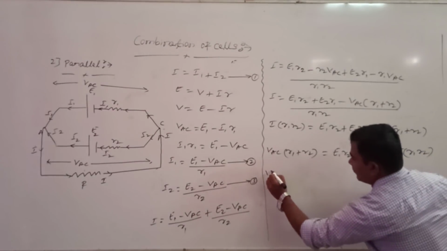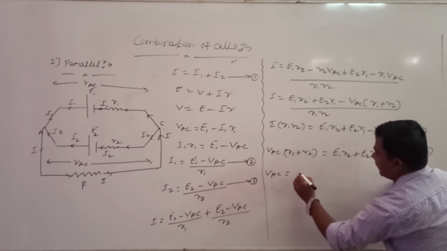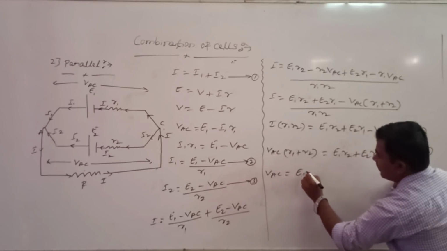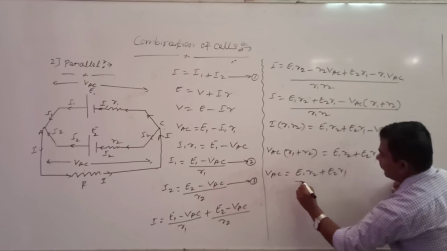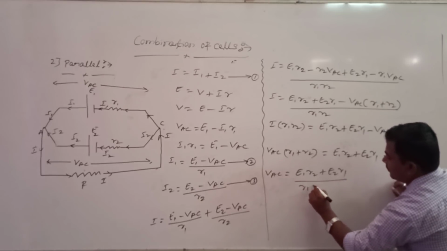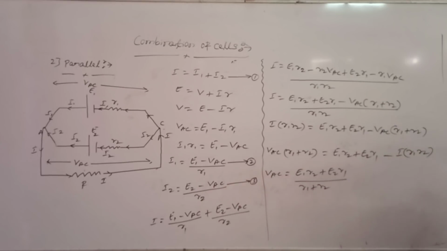Now again, bring R1 plus R2 to this side. What will we get? VAC equals E1 R2 plus E2 R1, whole divided by R1 plus R2, right? Minus I into R1 R2 divided by R1 plus R2.